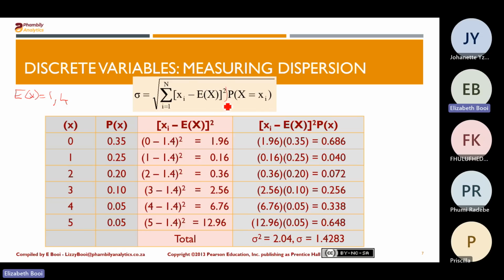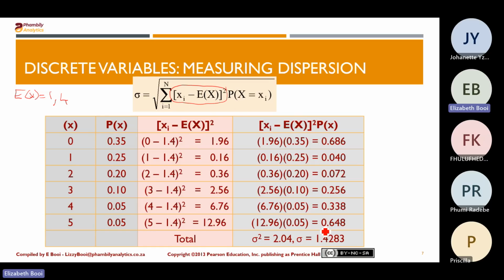We would have done this part. Now we need to take that part and multiply it with its corresponding probability: 1.96 multiplied by 0.35, and you get 0.68. And you do this for all the values, and then you add all these values because we are saying the sum of your x minus your mean squared times its corresponding probability.